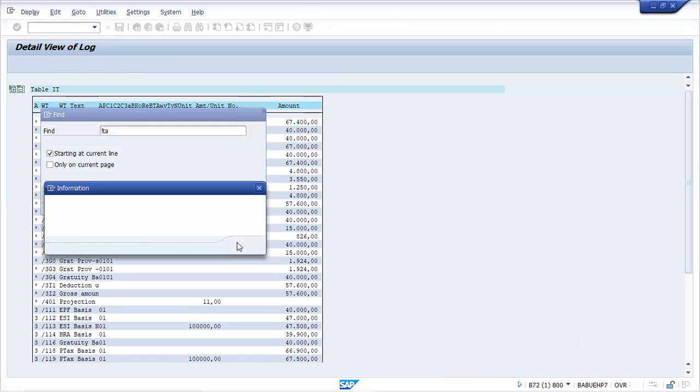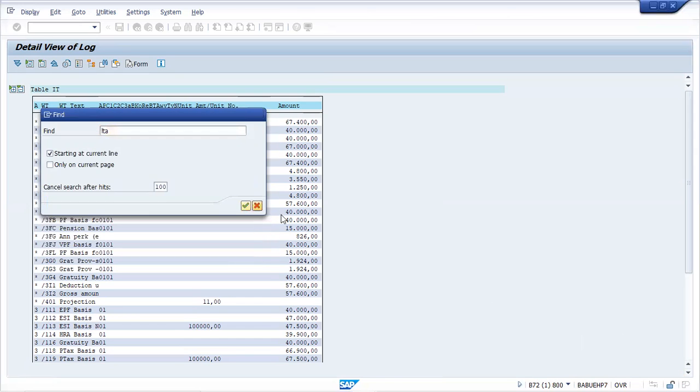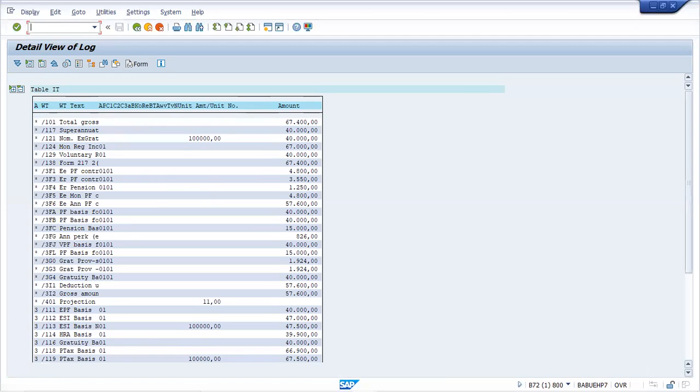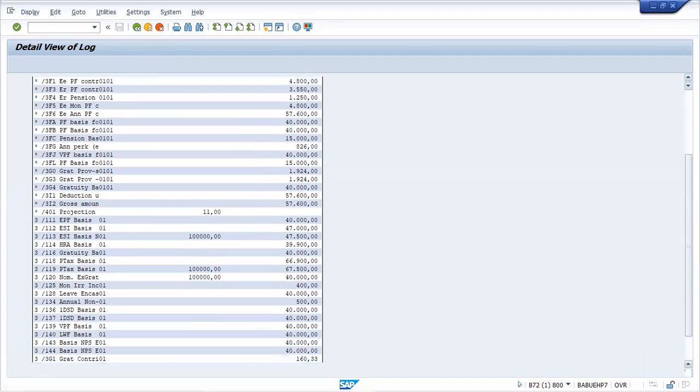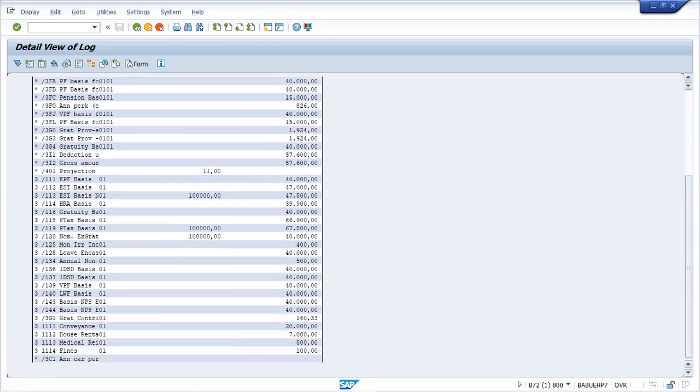Search unsuccessful, no hints found. You are searching INLTA, but here you do not have to search INLTA because INLTA is a function. So INLTA related wage types have not been generated.